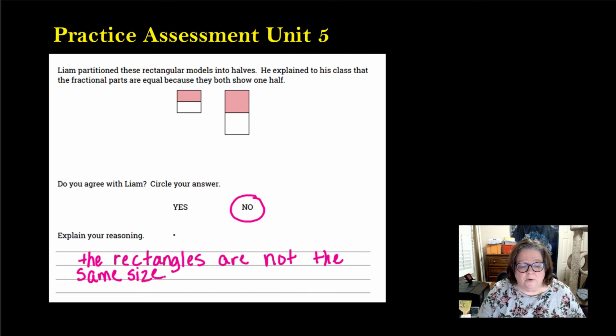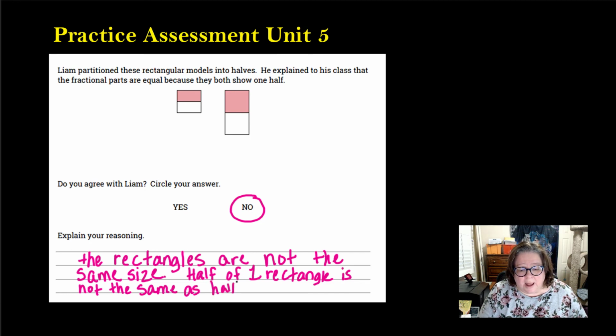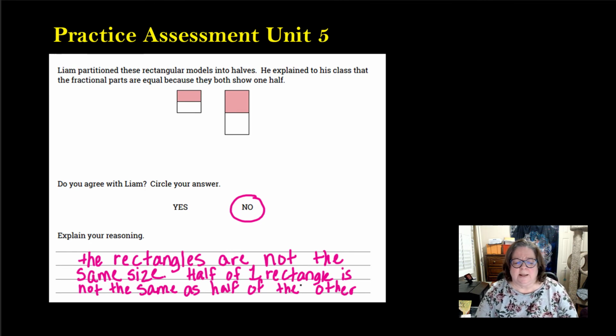And I would even go further and say half of one rectangle is not the same size as half of the other. Now maybe you can think of a shorter way to say that.